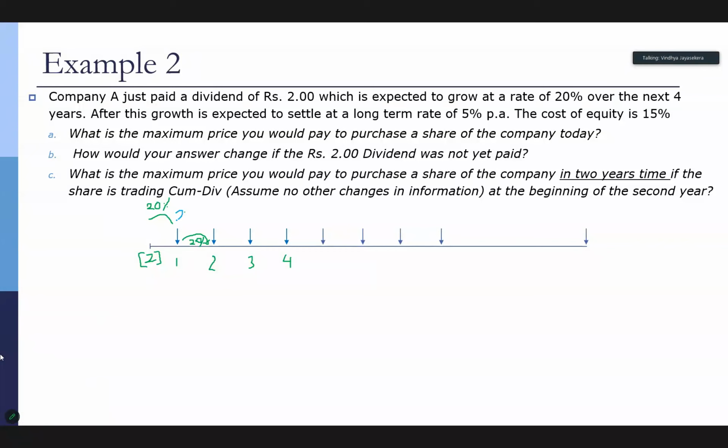What are the dividends in the first 4 years?